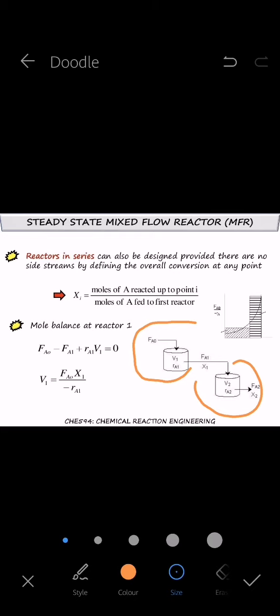Okay, katalah first reactor ni dia ada FA0, kemudian dia ada volume 1, dia ada reaction RA1, kemudian yang keluar adalah FA1 dan telah berlaku conversion of X1 kat sini, dan FA1 ni masuk pula ke second reactor, and this second reactor has volume of V2 dan reaction of RA2 dan menghasilkan FA2 and also conversion 2. Okay.